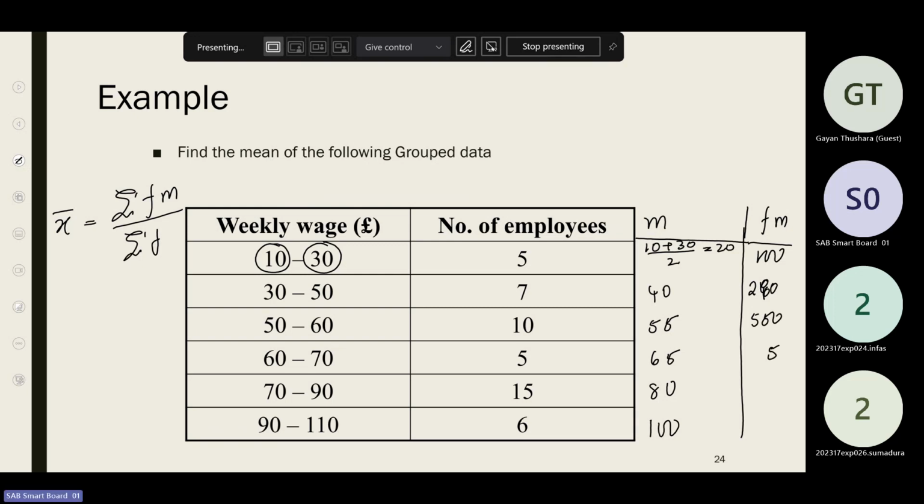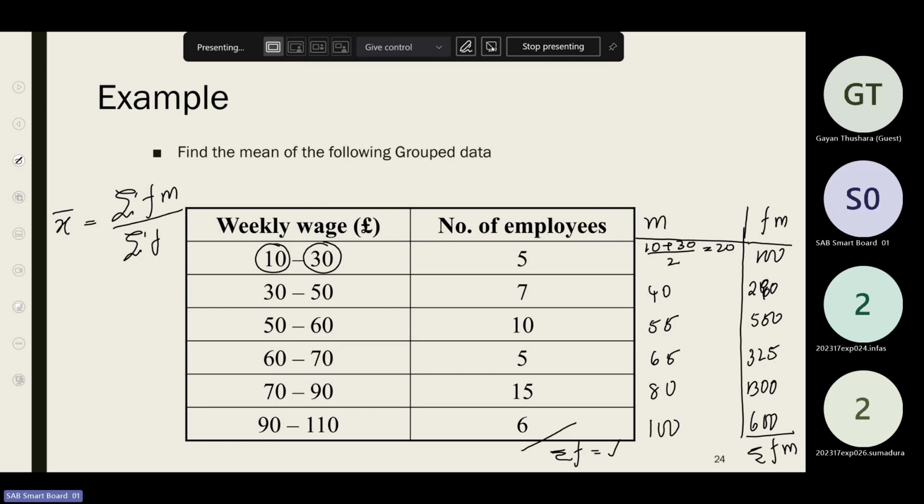This is 325, 1300. 15 into 8, and so on, then 600. You add all these to get sigma FM. You add all the frequencies to get sigma F.